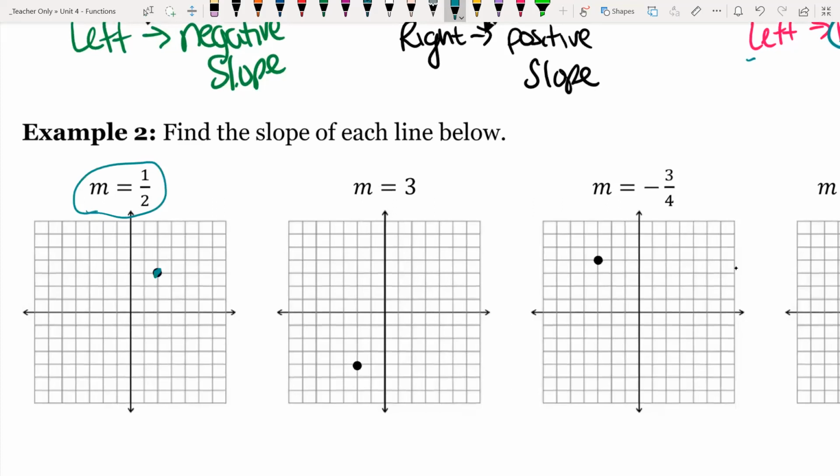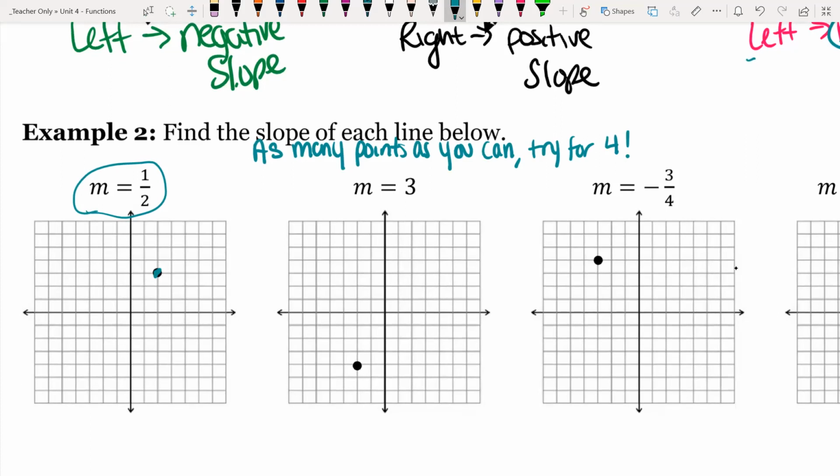You want to draw at least, or as many points as you can. And this will make sense in a second. Try for 4.